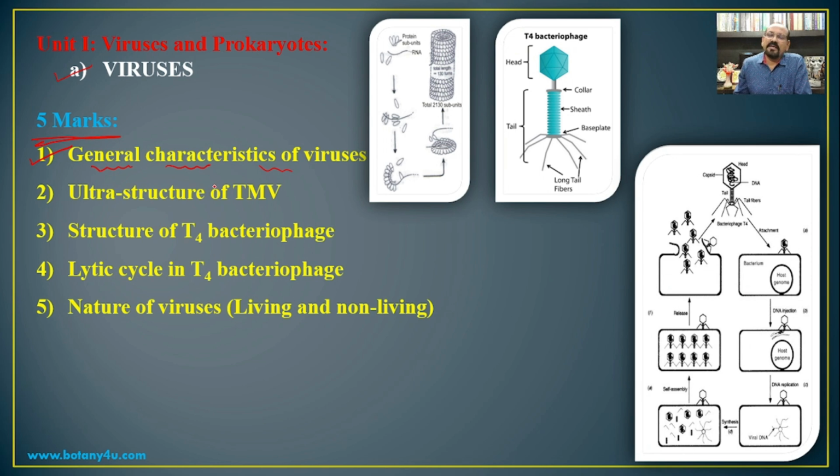They show their living nature inside the host only, and when they are present outside the host, they are just non-living particles. In this way, we have to provide the general characteristics of the viruses in such types of questions. The second question for 5 marks is the ultrastructure of the tobacco mosaic virus.